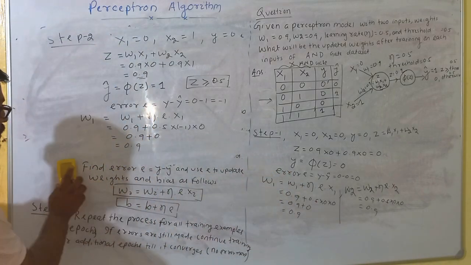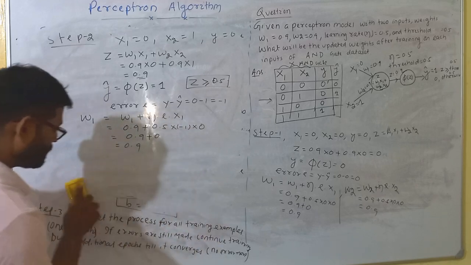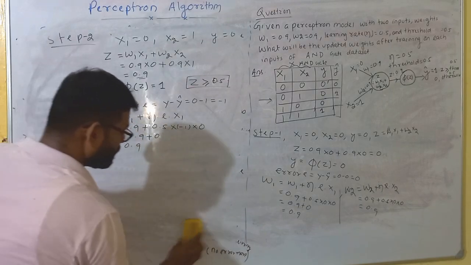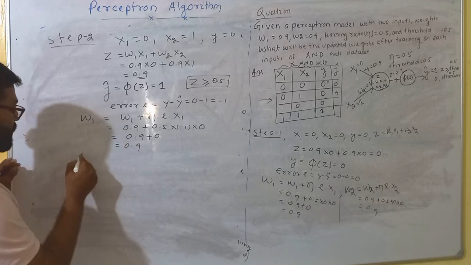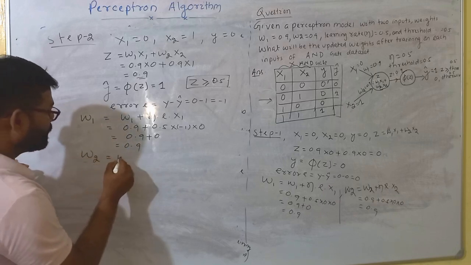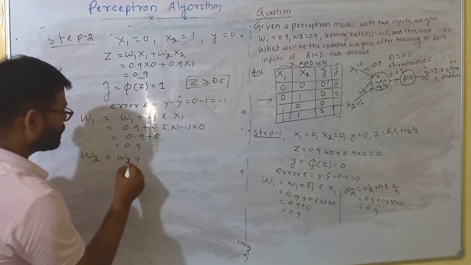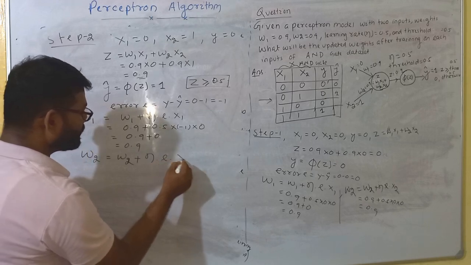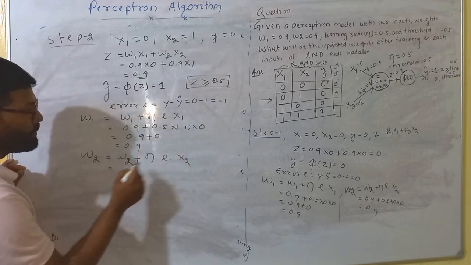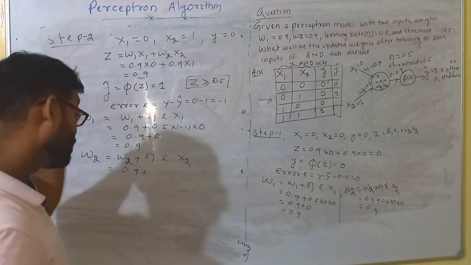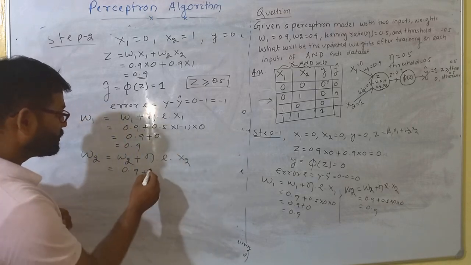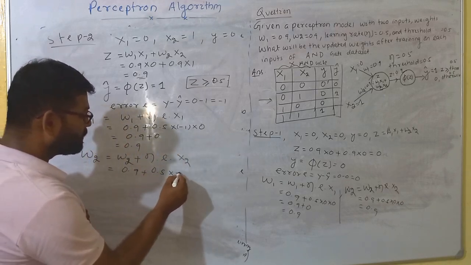Now let's go to update W2. W2 is equal to W2 plus eta into error into x2. So W2 how much? 0.9. Eta is equal to 0.5. Error is minus 1.